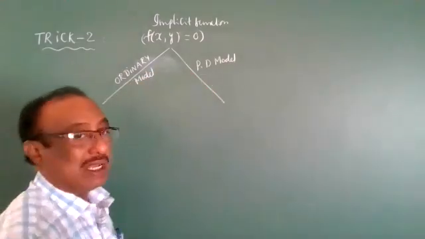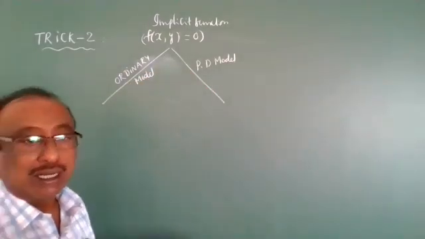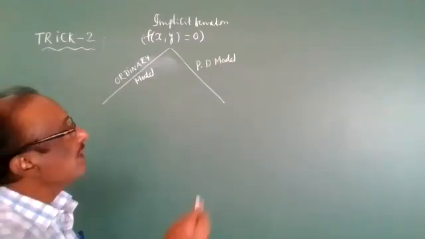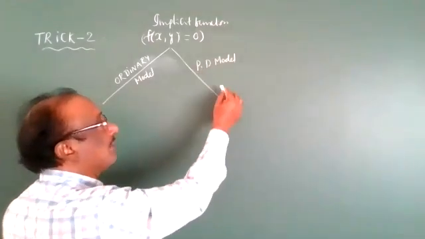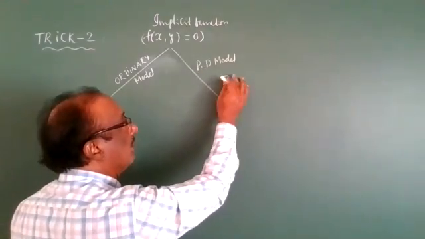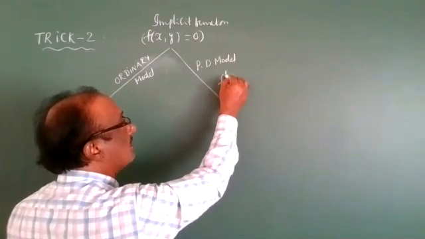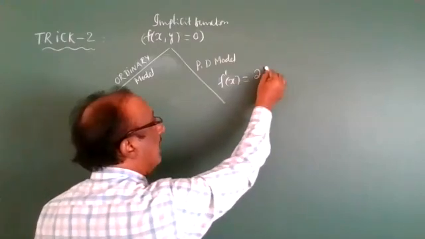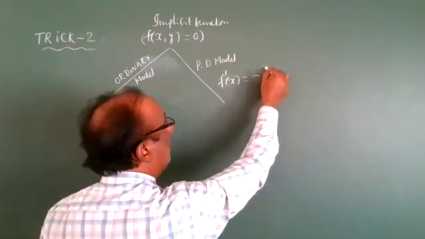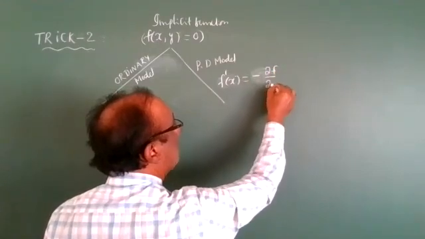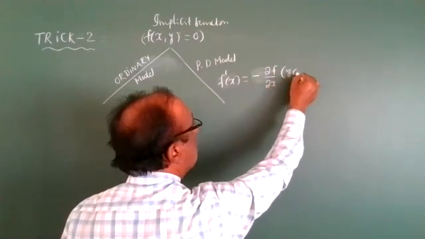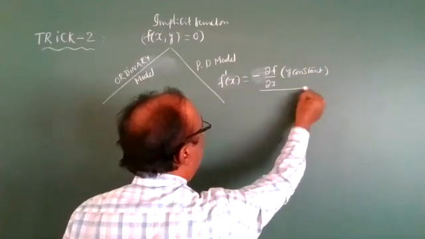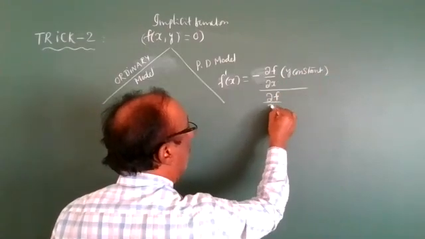Ordinary model means we directly apply the derivative, take dy by dx common, and work out the problem. Partial differentiation, the PD model: dy by dx is equal to minus of dou f by dou x divided by dou f by dou y.